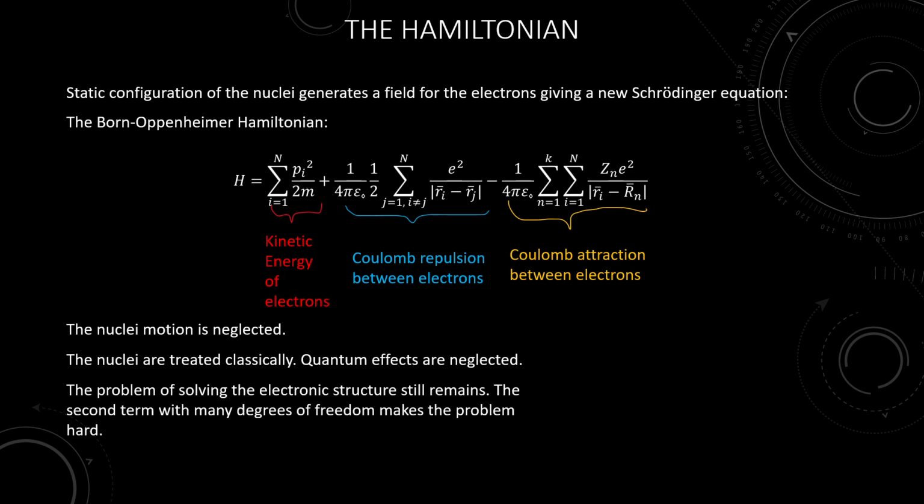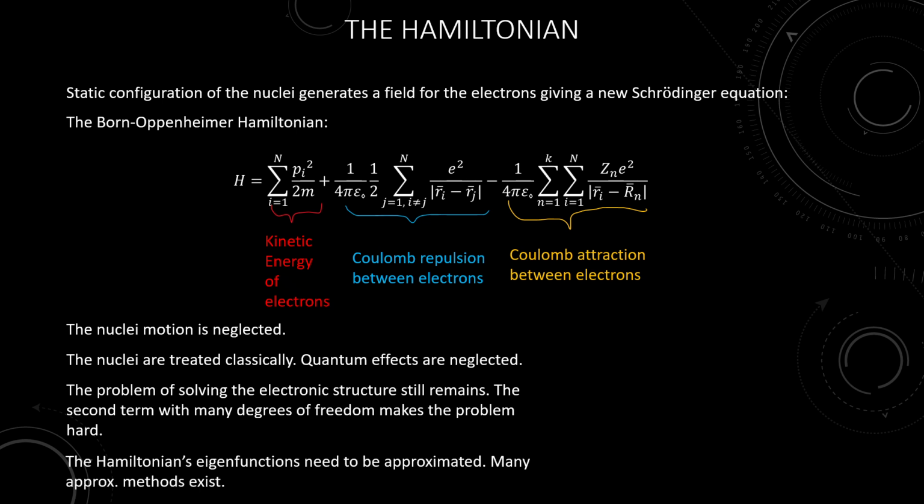Now, even though we have assumed the nuclei to be stationary, we still have the problem of solving for the electronic structure, and given the above equation, this still remains a difficult task.